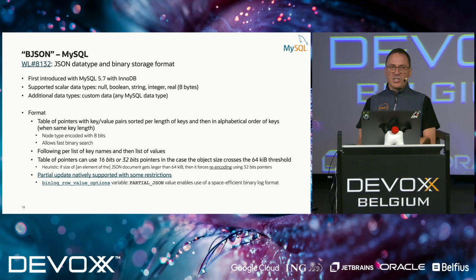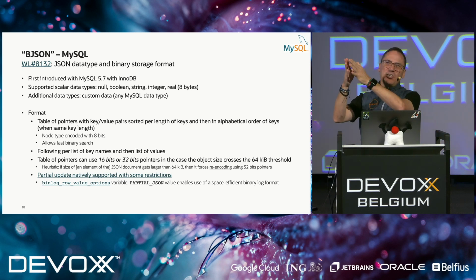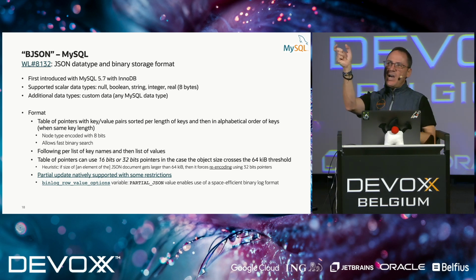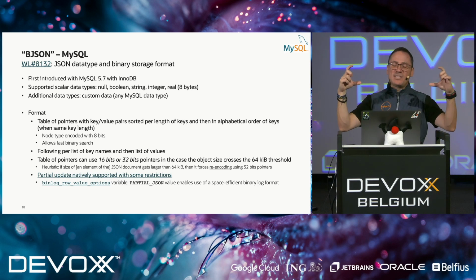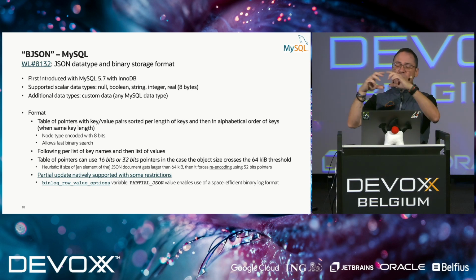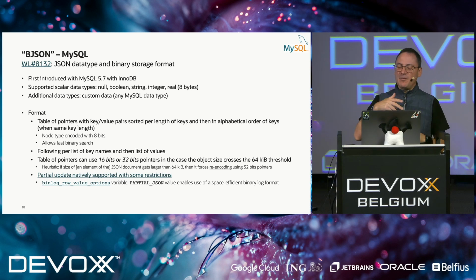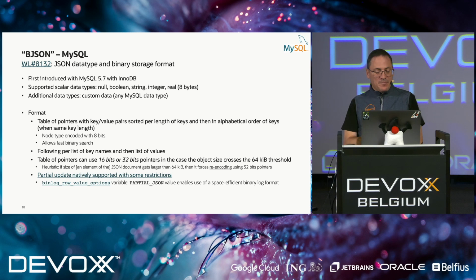It's a table of pointers with key value pairs. The pairs are sorted by key length and then alphabetically. That means that you have a dictionary of the keys based on how long they are in terms of the number of characters. And once you have that, they go alphabetically. Why? They chose to go that way.